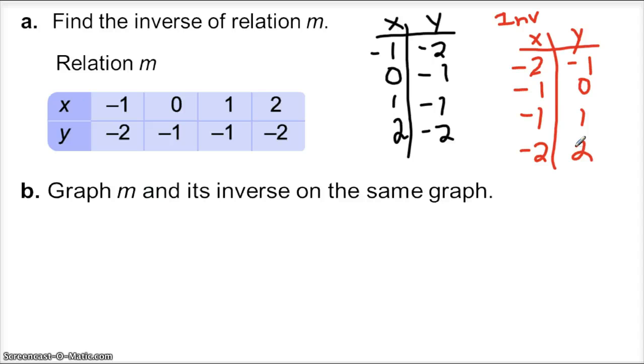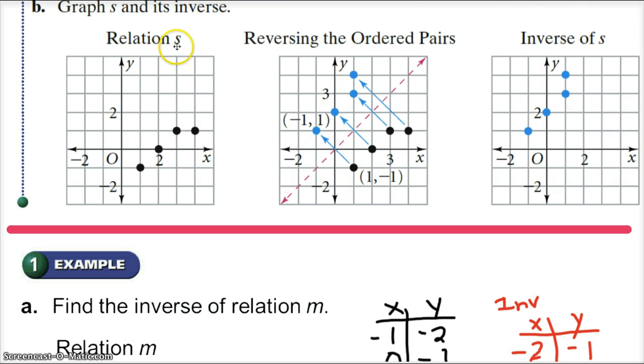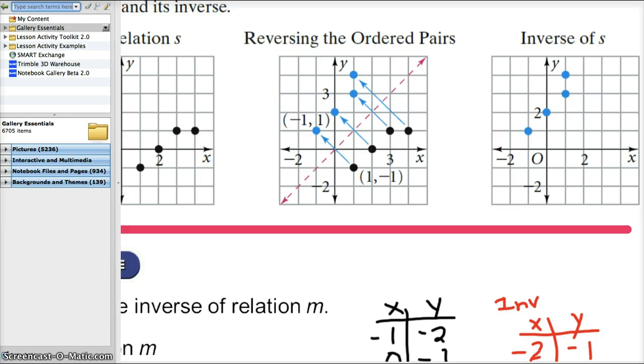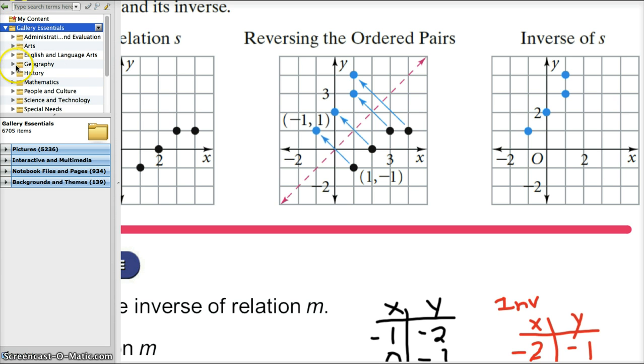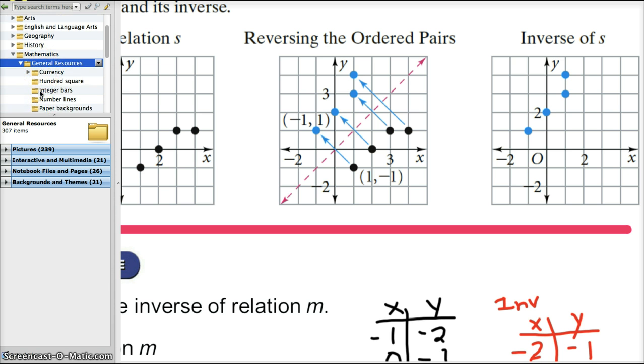Now part B says to graph M and its inverse on the same graph. I'm trying to get the graph paper. If this takes too much longer, I'll pause it because I understand how boring this part is.